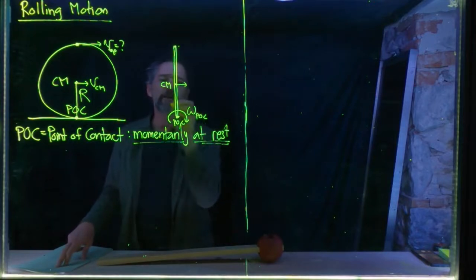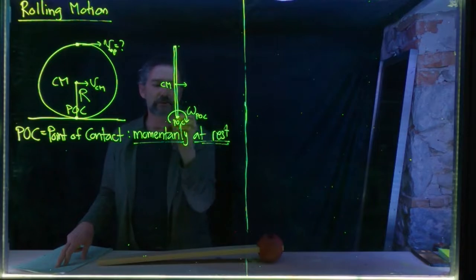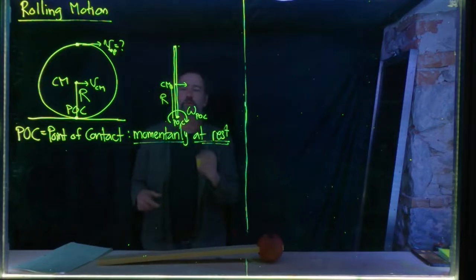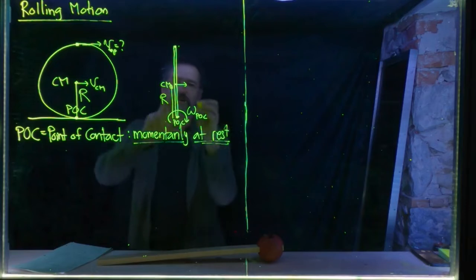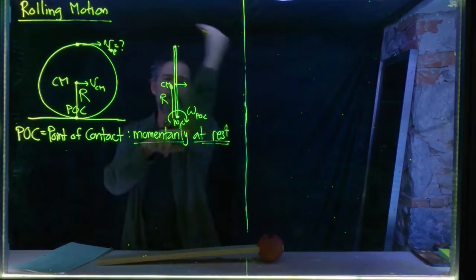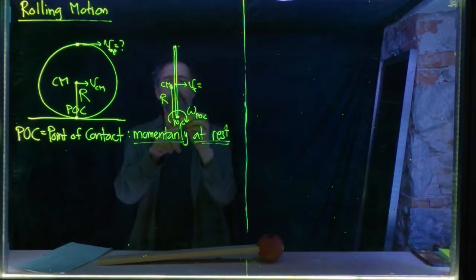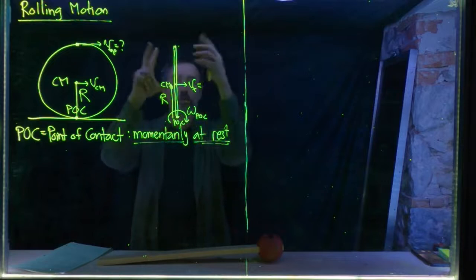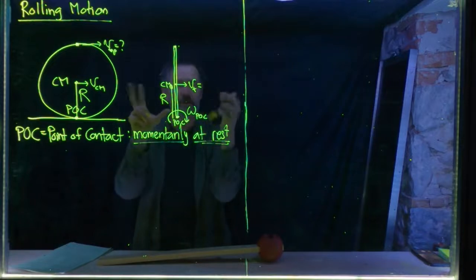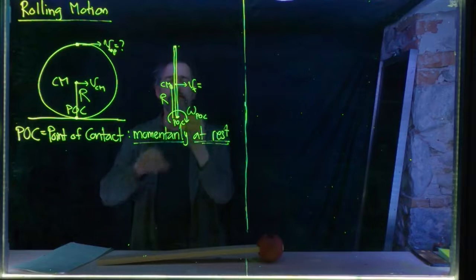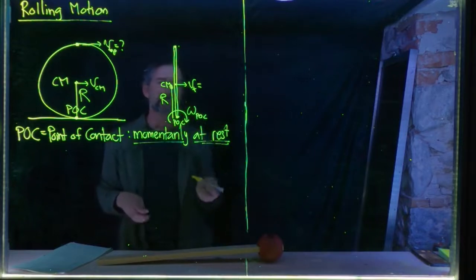If the radius of the wheel is r, the distance from the point of contact to the center of mass point, then we know that the tangential velocity of this point in that rotating rigid body is equal to the angular velocity, omega point of contact, which all points in the body have in common, multiplied by the radial distance, the perpendicular distance from the axis of rotation.